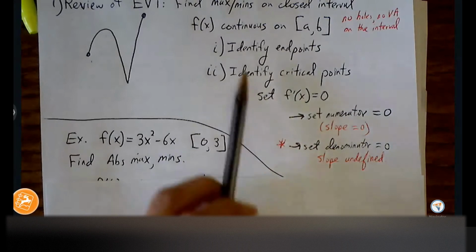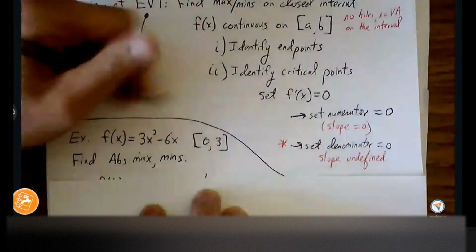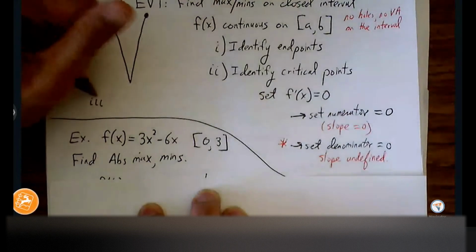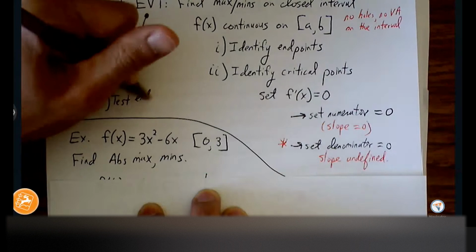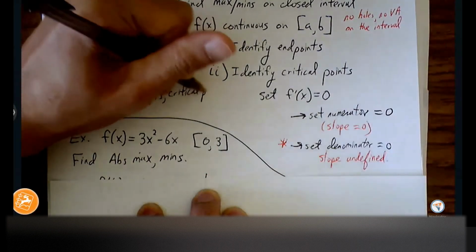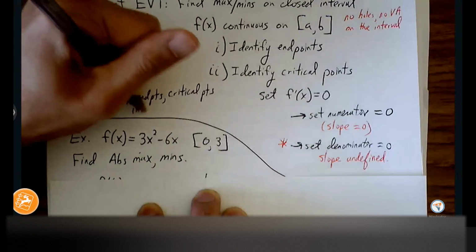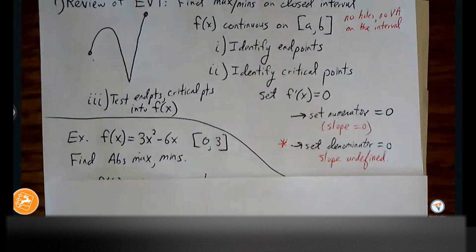And then after we find our endpoints and critical points, that's our third step: we're going to test endpoints and critical points in the function. And when we do that, we're going to get a series of y values, and we compare those y values, right? Highest y value is your absolute max, lowest y value is your absolute min.